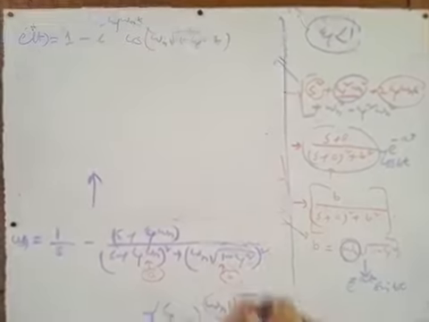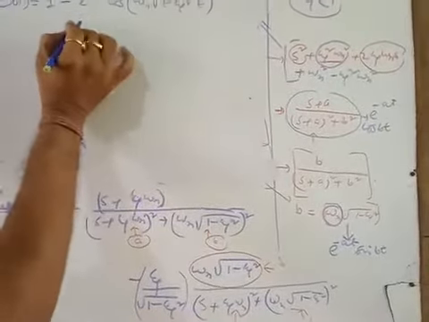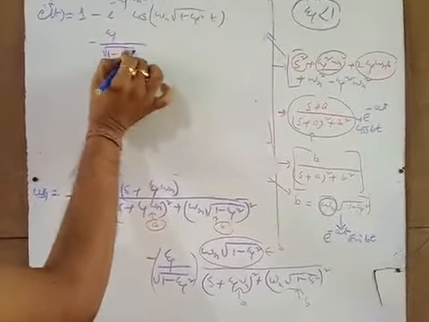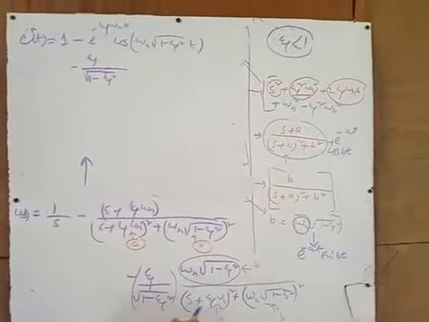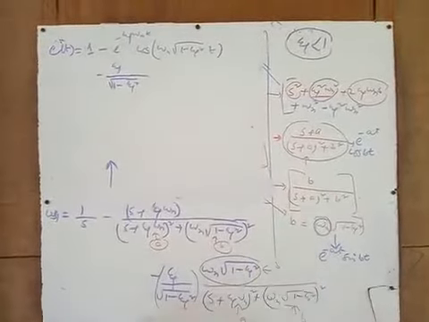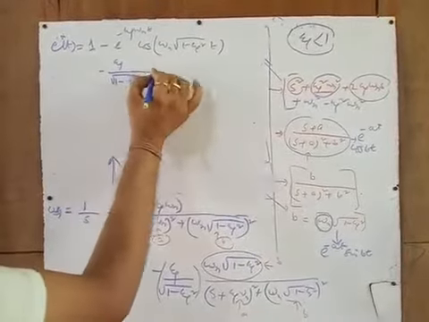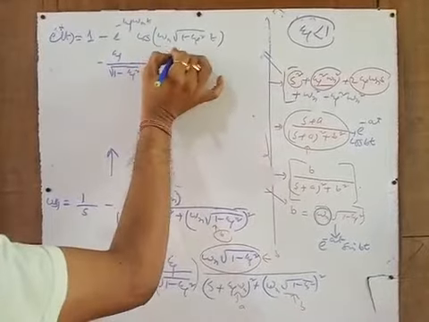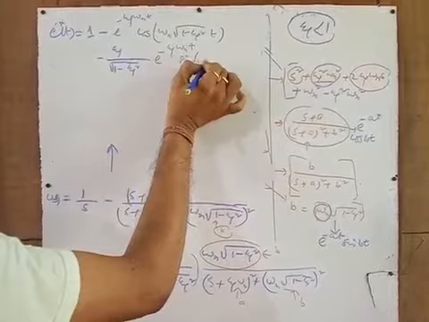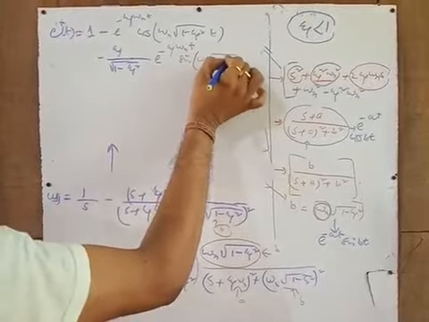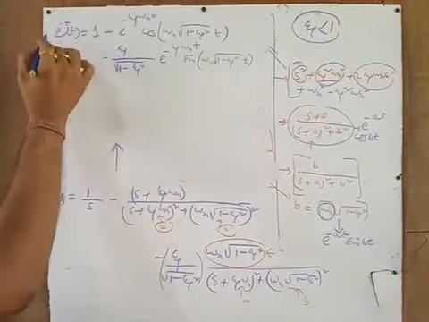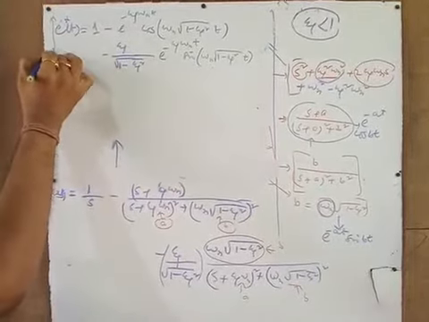And the next part, this is your constant minus xi by root over 1 minus xi square, and this is your b by (s plus a) whole square plus b square. So what you will get? e to the power minus at sin bt. So this will be your e to the power minus xi omega n t sin omega n root over 1 minus xi square t, right? And this is one form of c(t).